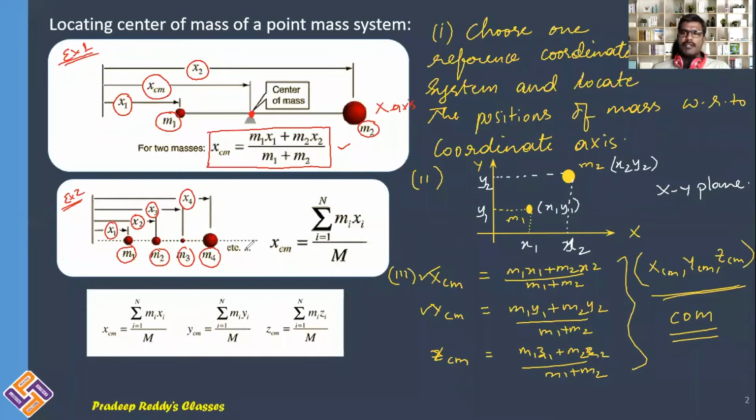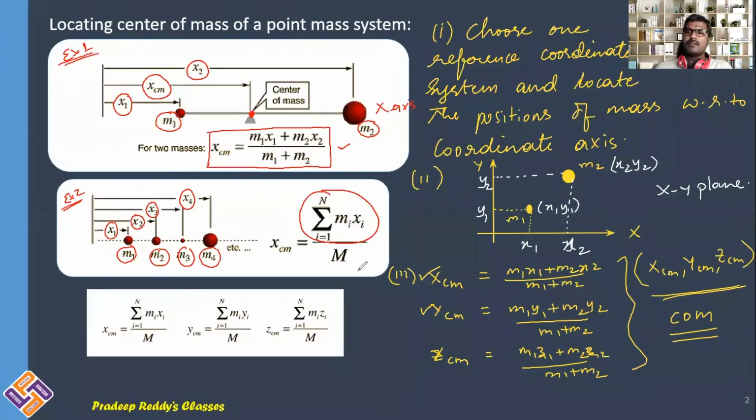After locating the positions of all the masses, what will you do? Simply use this relation. XCM is equal to M1x1 plus M2x2 plus M3x3, and so on. That can be replaced with a summation over i equals 1 to n. For i equals 1 it is M1x1, for i equals 2 it is M2x2, for i equals 3 it is M3x3.